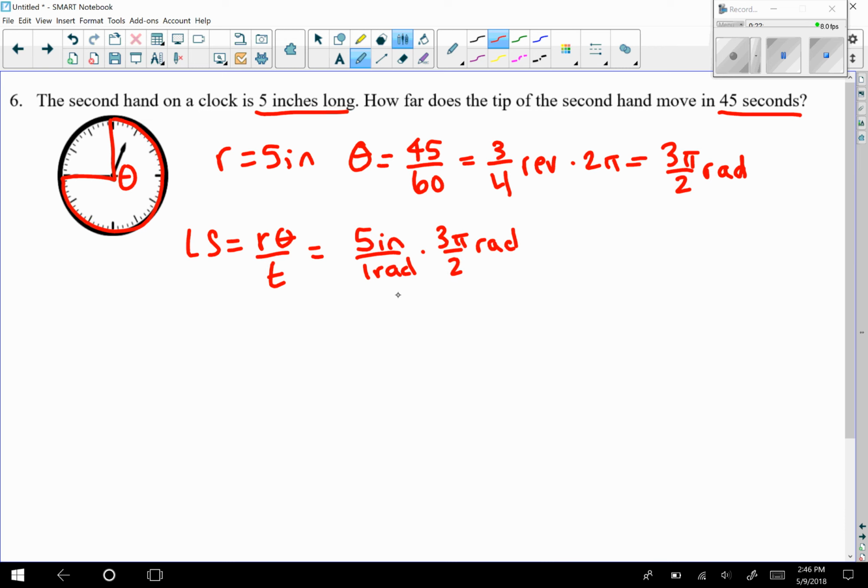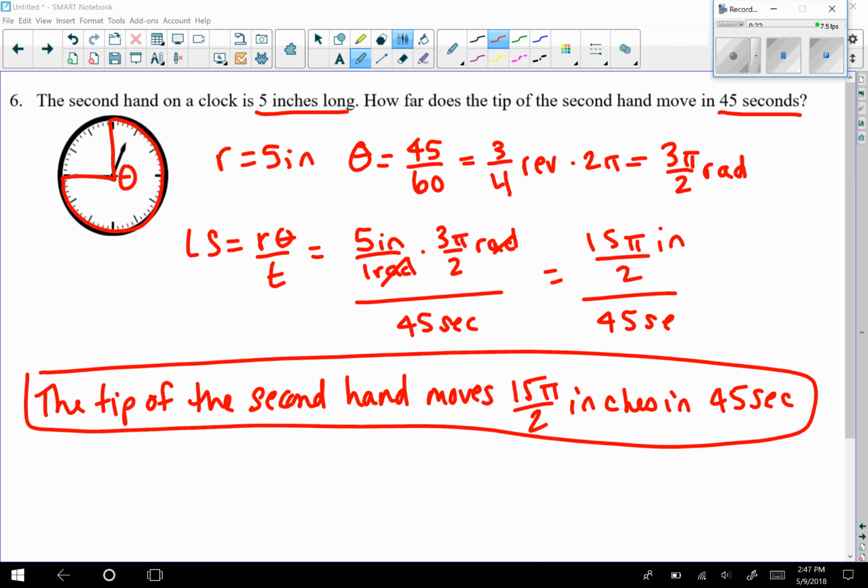That's going to cancel out my radians. And our time is, of course, 45 seconds. So all we have to do now is simplify. So this gives us 15 pi over 2 inches divided by 45 seconds.